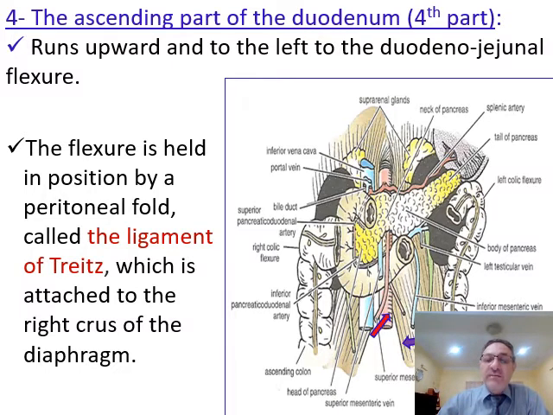There is a ligament connecting this flexure to the right crus of the diaphragm. The right crus of the diaphragm is attached to L1, L2, and L3 on the right side, and on the left side to L1 and L2. So we call it the ligament of Treitz.